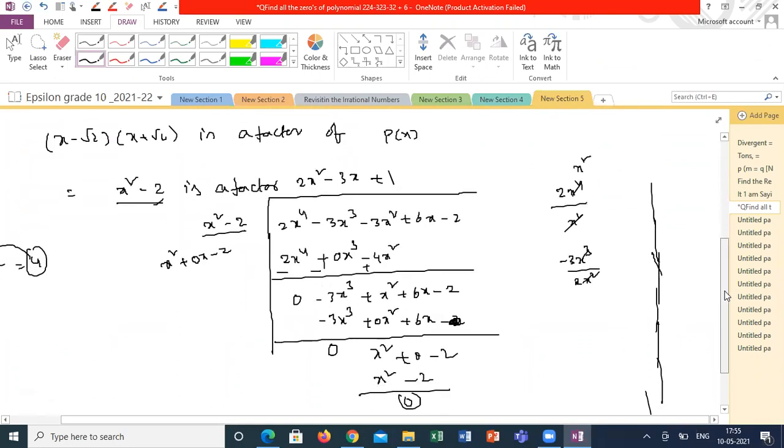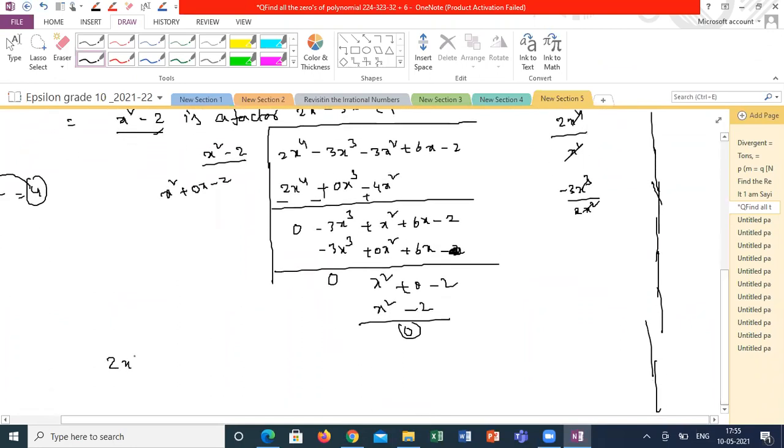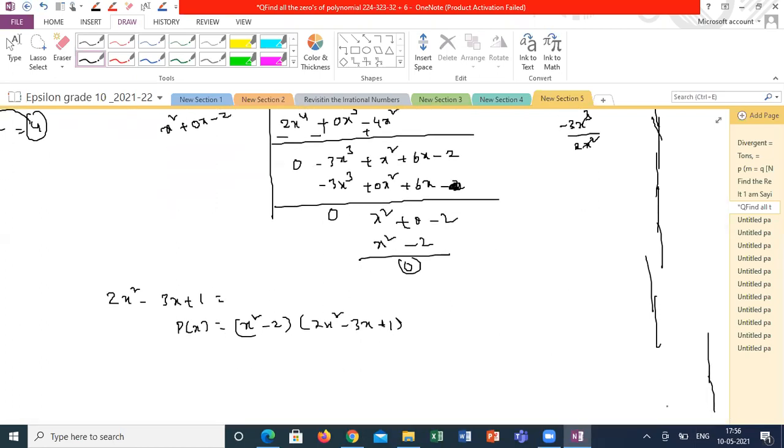So what is the quotient here? 2x square minus 3x plus 1. If it is able to factorize, how will you know? So the given p of x can be written as x square minus 2 into 2x square minus 3x plus 1. We know how to factorize x square minus 2. Can you factorize this equation using the previous concept?